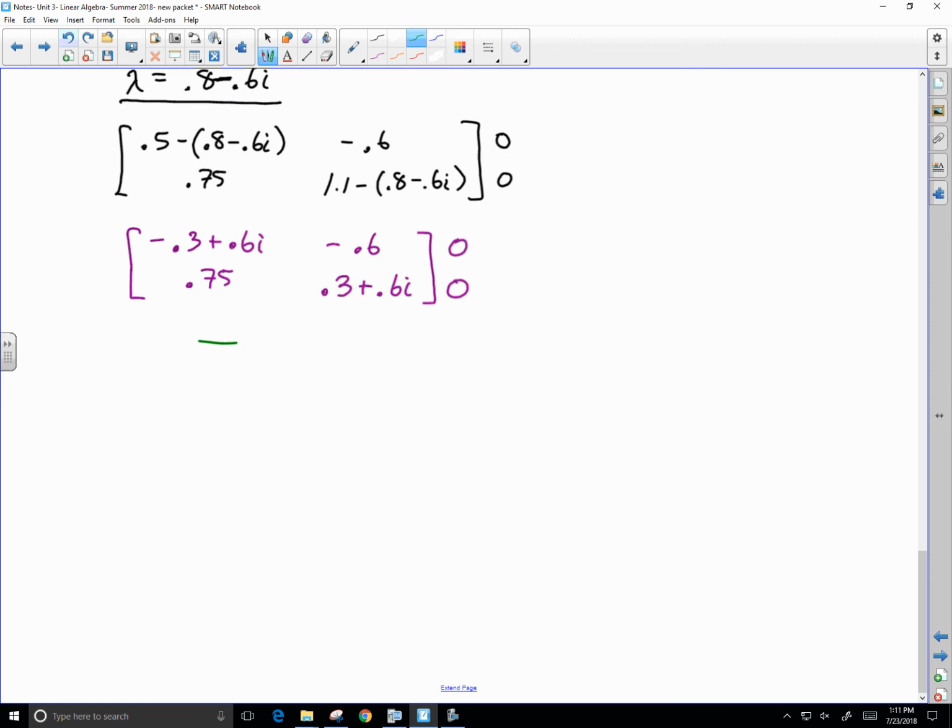Let me just do it. So I need that to go away. That's going to cancel to a 1. So I need it to be a negative 0.75.